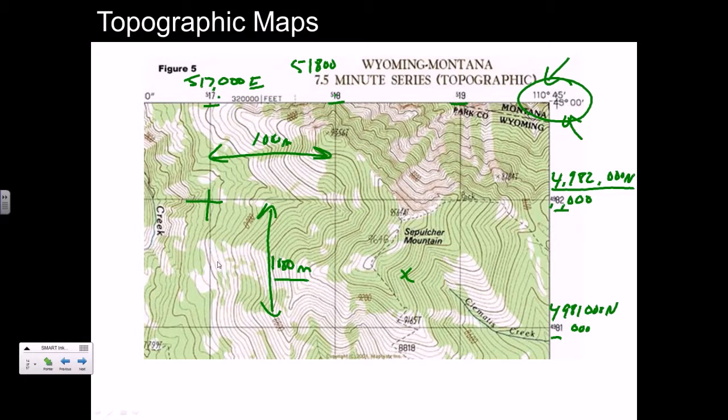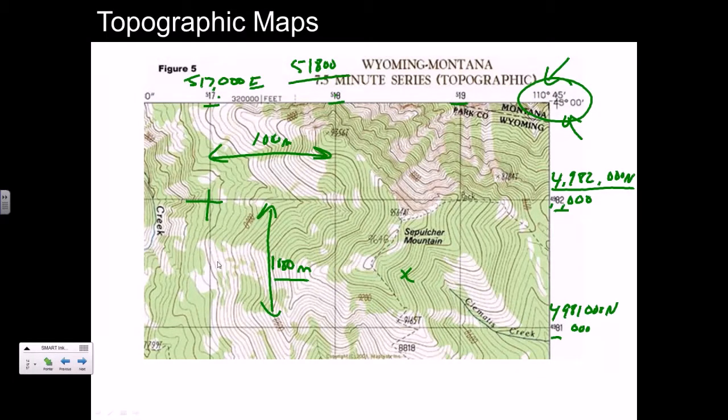I know that it sits between 518 and 519 in terms of the east to west measurement, and it sits between 4981 and 4982 in the north to south measurement. As with any grid system like this, you want to start out with this first number, 518,000, and add a certain number to it to make it a bigger number.